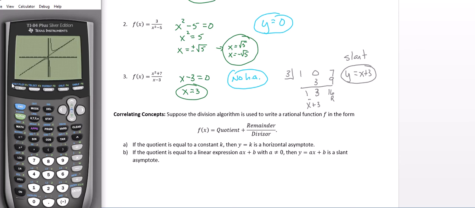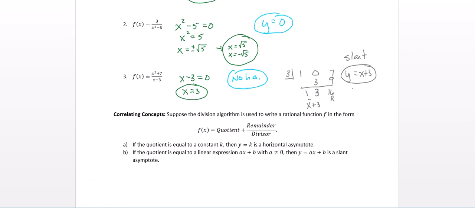As x goes to negative infinity, f of x follows this line. So a slant asymptote is a horizontal asymptote that's been slanted. So very similar. And this division algorithm is a great way of finding your slant asymptote, or if there are no x's remaining, it'll give you your horizontal asymptote as well.